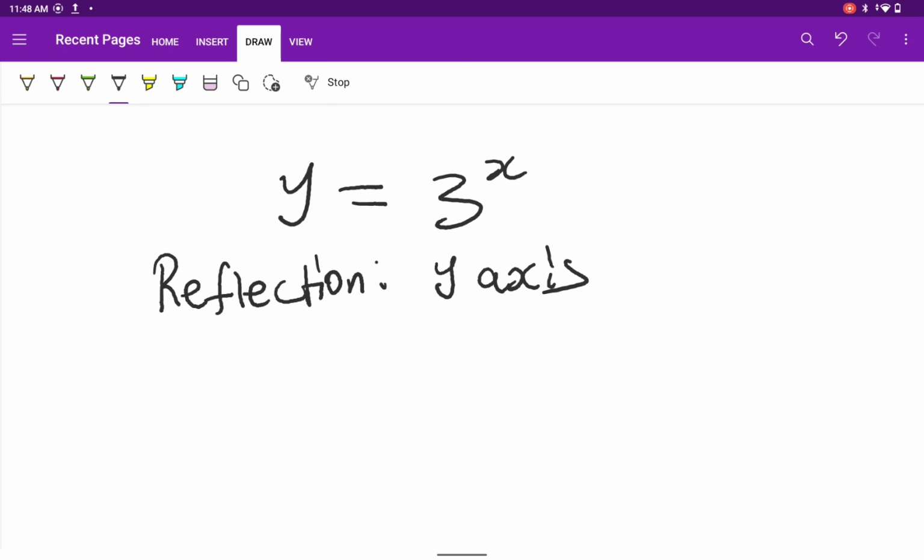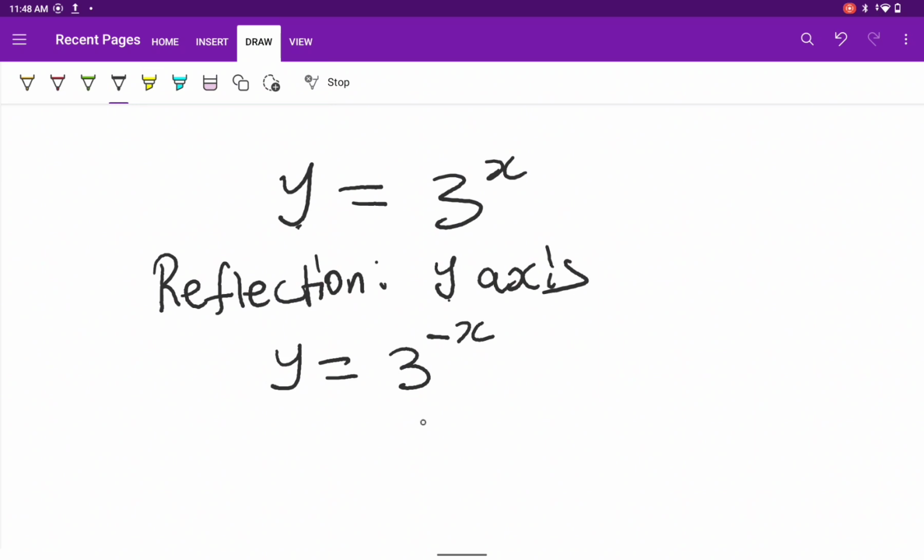Remember, reflection along the y-axis exchanges the sign. So if we want to reflect this function along the y-axis, the new function will be y equals 3 exponent negative x. So the x changes the sign.